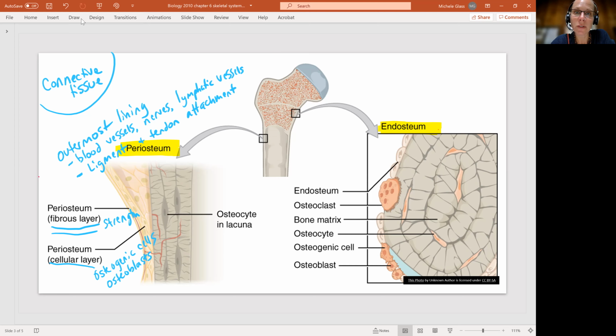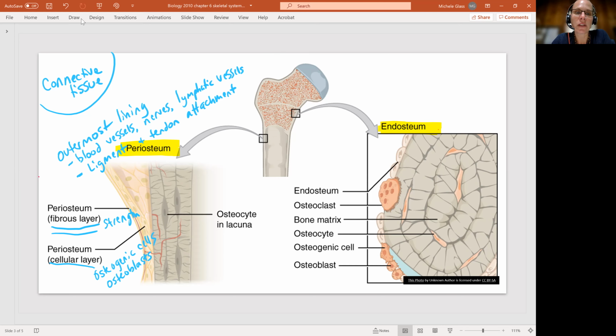Tendons attach a muscle to bone, and as such, a tendon is part of the muscular system. So a ligament is a connective tissue that attaches bone to bone, and it's woven into the periosteum. Tendons are connective tissues of the muscular system that attach muscle to bone, and it's woven into that periosteum. So this is very strong, very important connection.